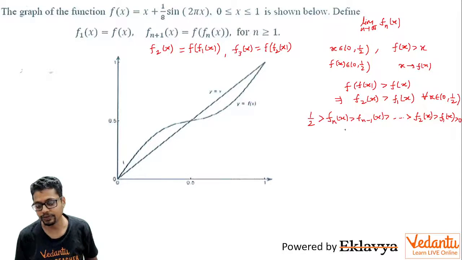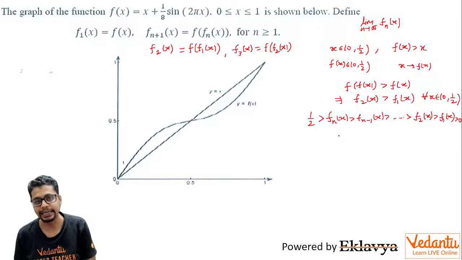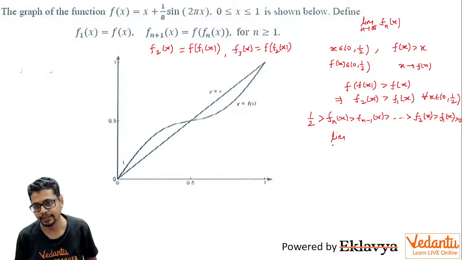So in the limiting case, as you put n tending to infinity, since the functional value will keep on increasing and can't go beyond half, fn of x will tend to half. That means the limit n tending to infinity of fn x is half for every x in this interval 0 open to half open.